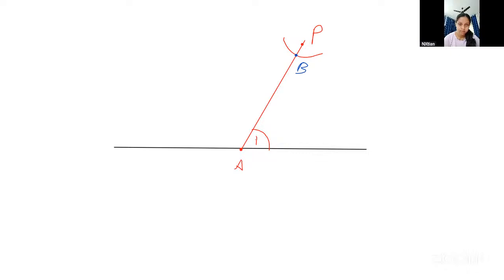Cut the arc BC so that angle 2 formed at P and angle 1 formed at point A are equal. This is angle 2 here. Mark it.